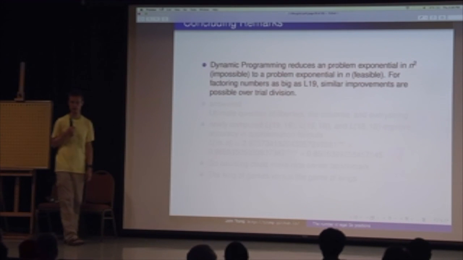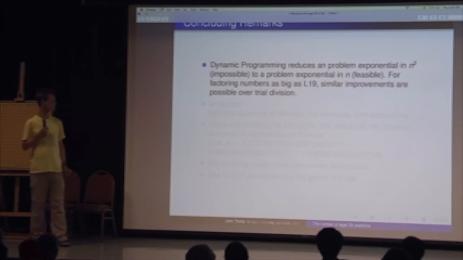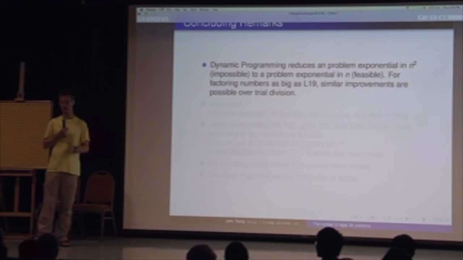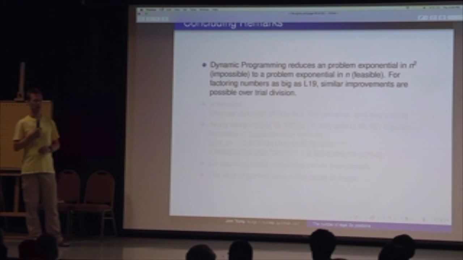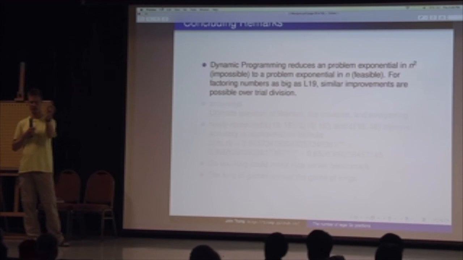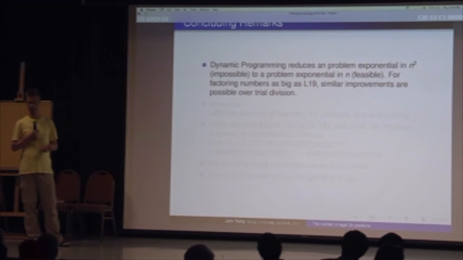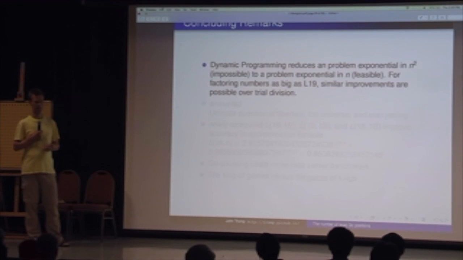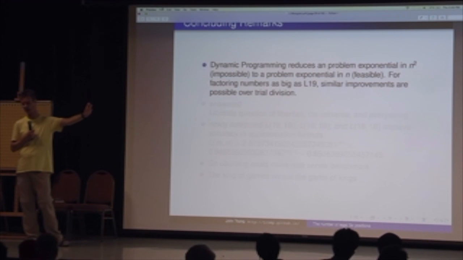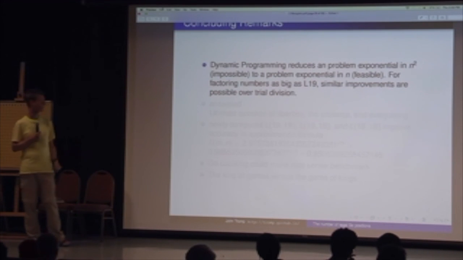This is quite analogous to the problem of factoring. If we were to factor L19, if you use the dumb method of trial division, your factoring time will be exponential in the number of digits, in 117 digits. So you'll never finish.